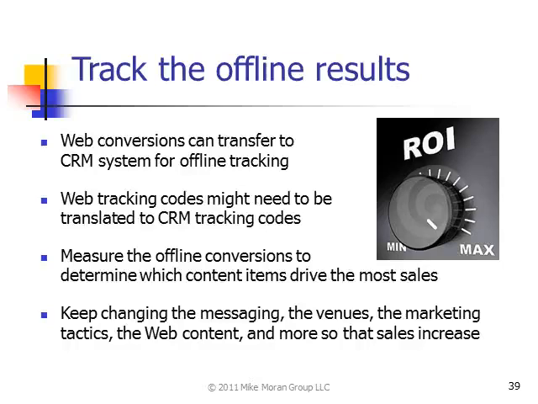And you also have to focus on tracking the offline results. Now, we talked in the earlier lecture about lots of ways of tying things from online to offline, whether it's through couponing, special phone numbers, there's all sorts of techniques. But I want to talk about another technique here that's especially important in terms of tracking return on investment, which is to use CRM systems, customer relationship management systems.